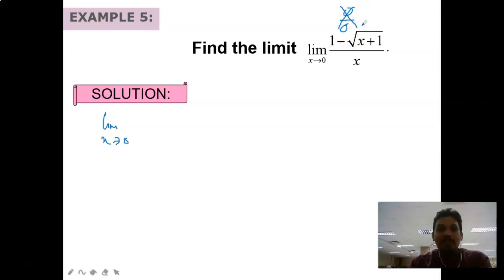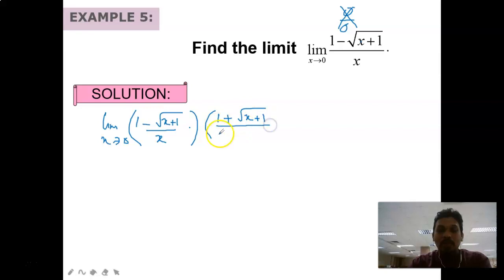Okay. So we avoid that. Now, 1 minus square root of x plus 1, divided by x. We multiply this by 1 plus square root of x plus 1, divided by 1 plus square root of x plus 1.